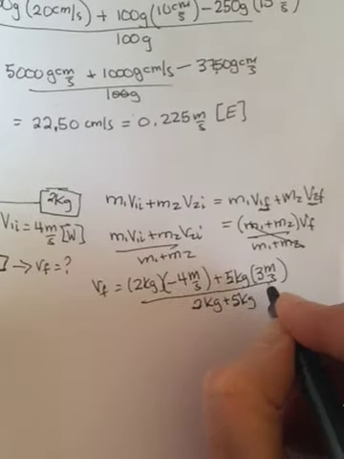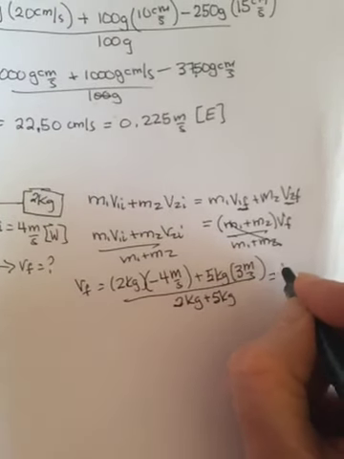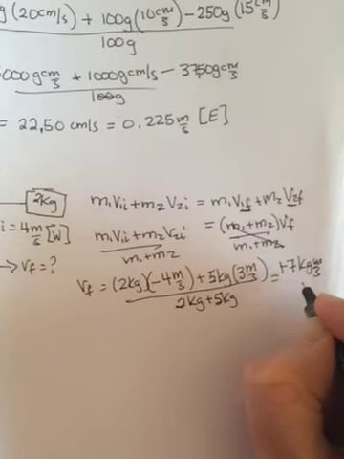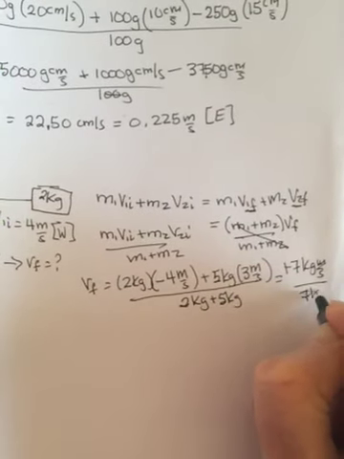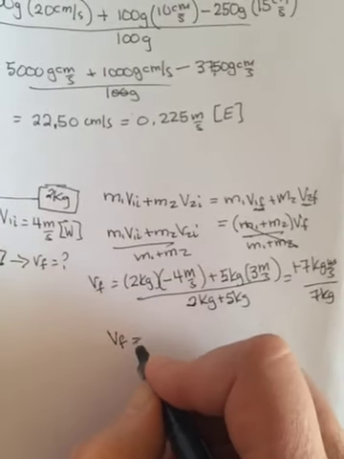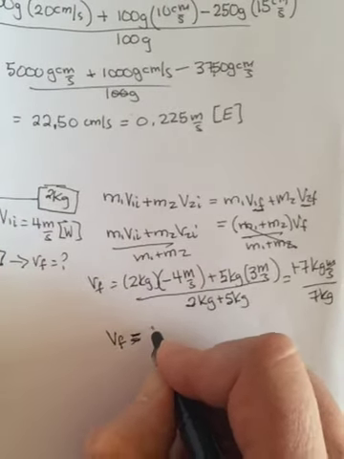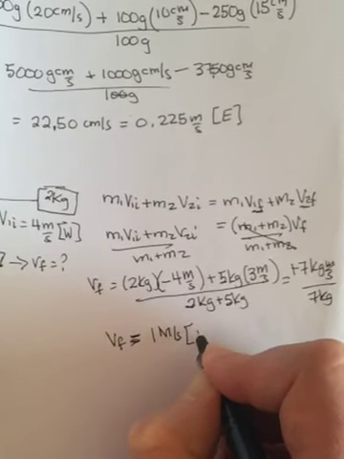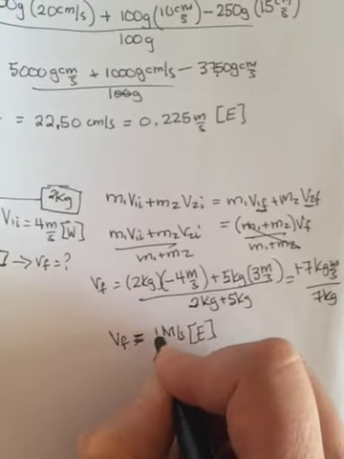On the top, negative 8 plus 15 should be positive 7 kilogram meters per second, sorry, and on the bottom 7 kilograms. So VF, because the 15 was the positive there, is equal to 1 meter per second, and it works out to be positive, so it's east.